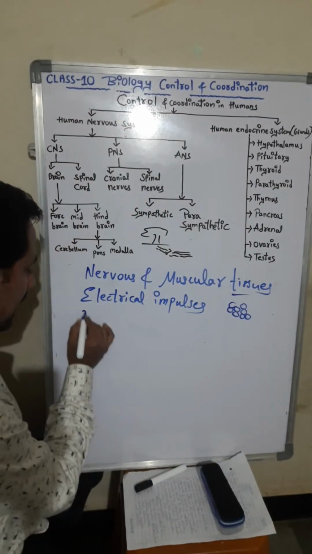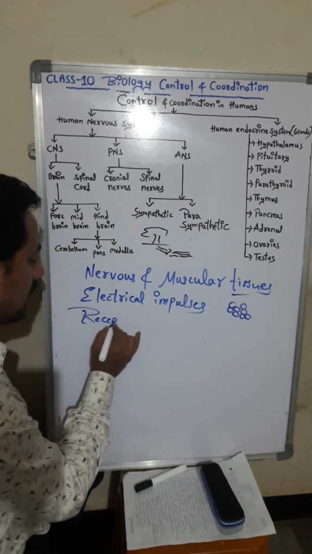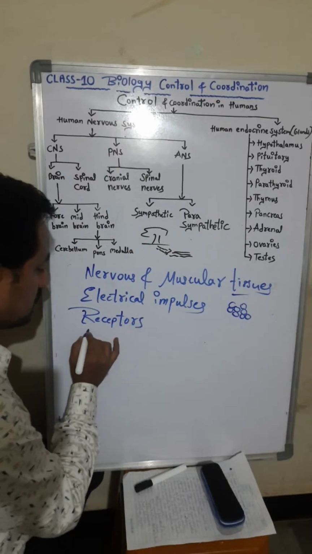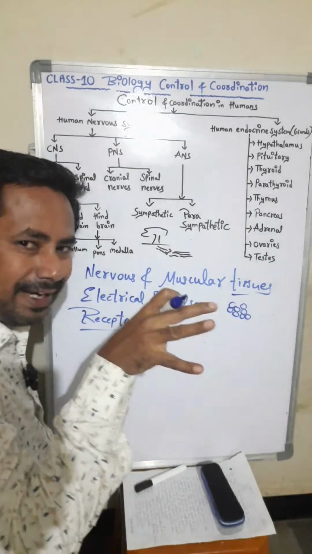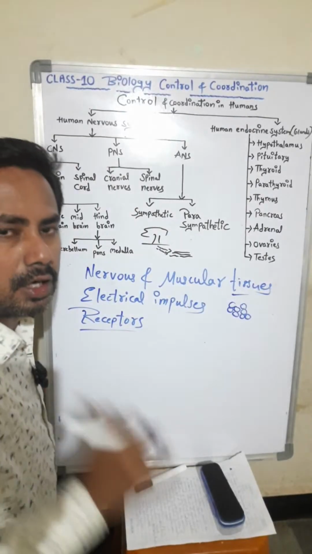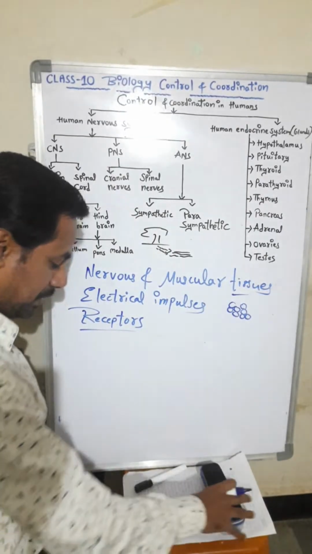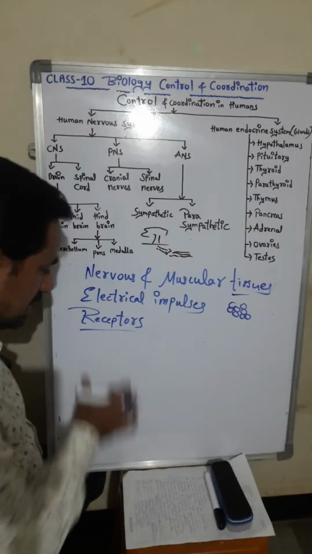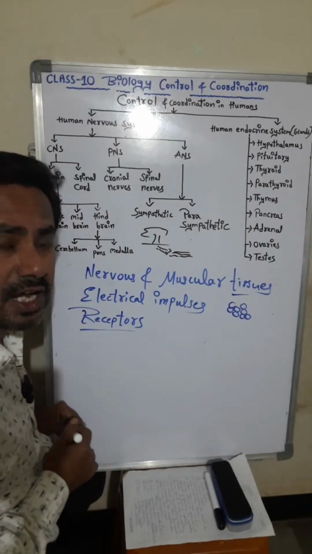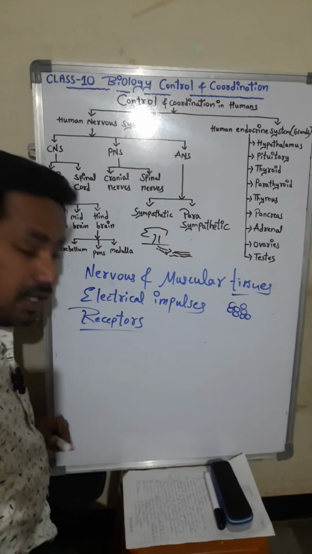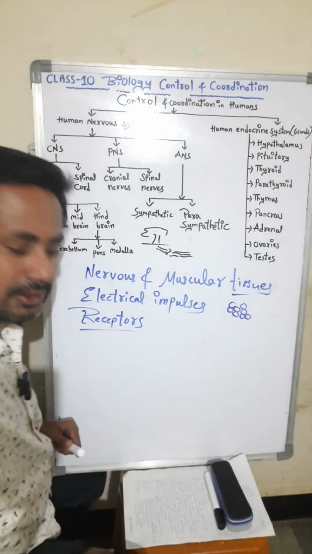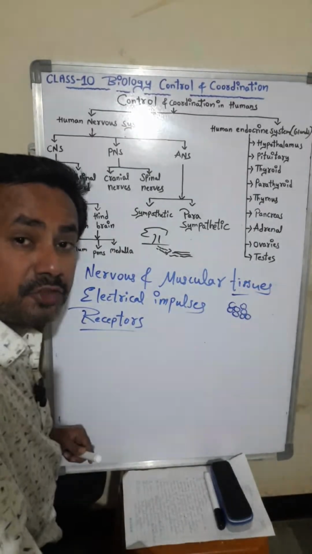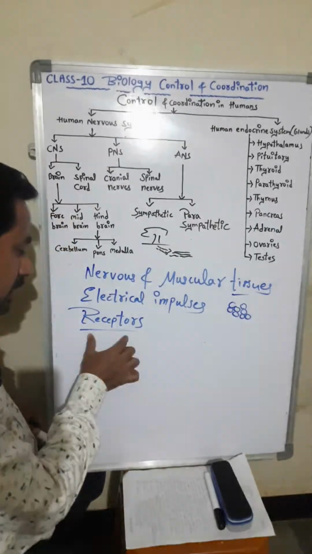So in our body there are specialized structures called receptors. Those which receive are called receptors. Simple. These are specialized groups of cells, special nerve cells. They detect the information from the environment.